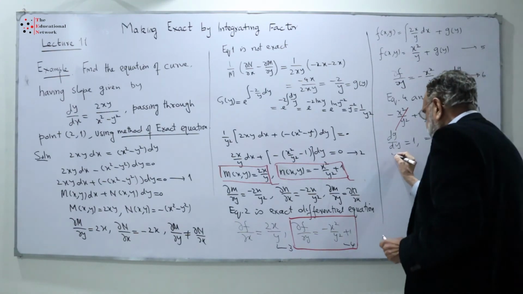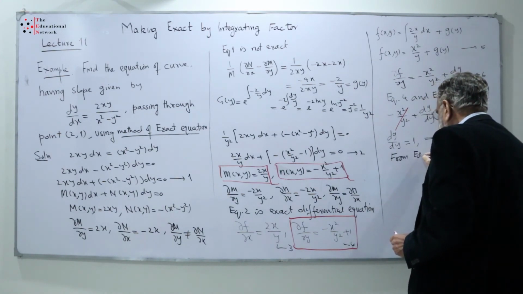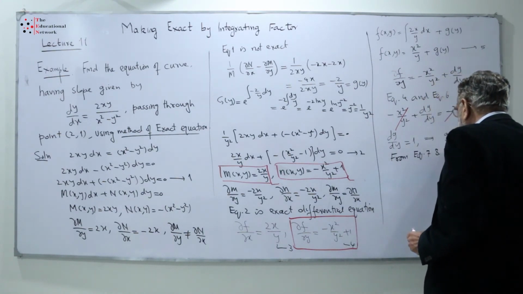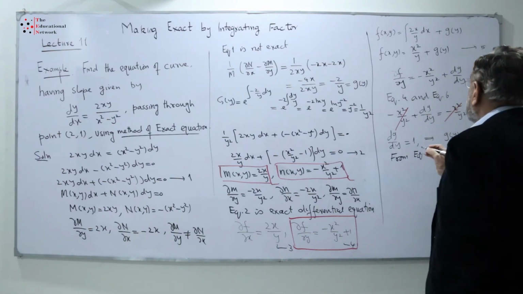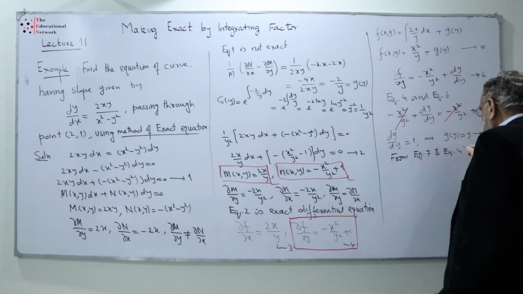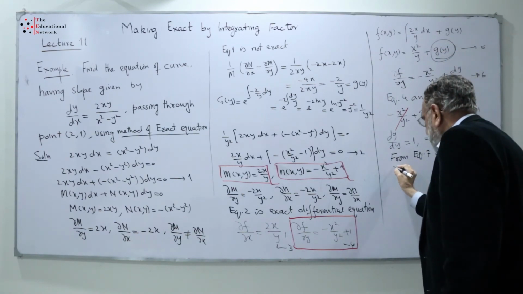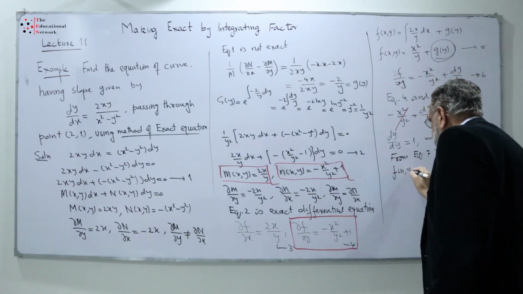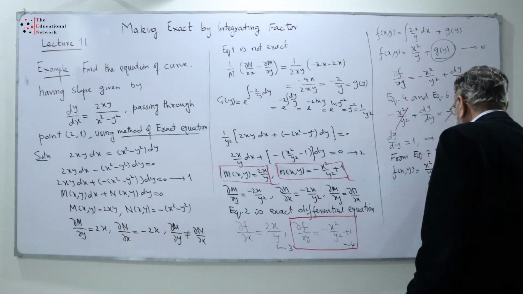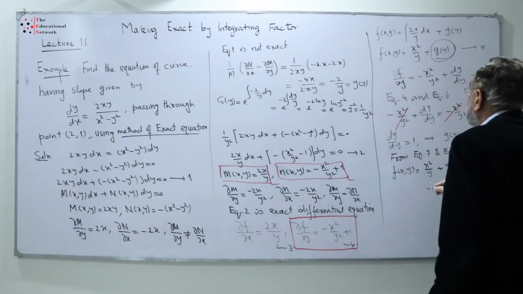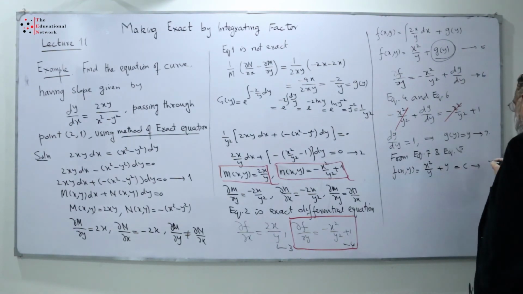So from equation 7 and equation 5, we can substitute the value of g(y). I'll get f(x,y) is equal to x square over y plus y, instead of g(y), is equal to constant. This is my number 8.